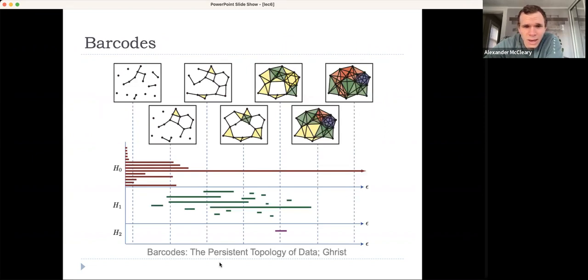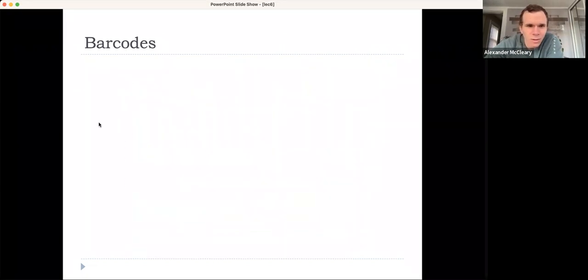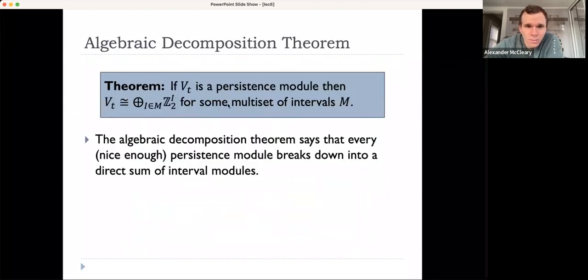What we're looking at here, essentially, the algebraic decomposition theorem tells us that every persistence module breaks down into a direct sum of these interval modules. If we just look at this, really it's going to be a multi-set of intervals because we could possibly have some intervals be repeated.